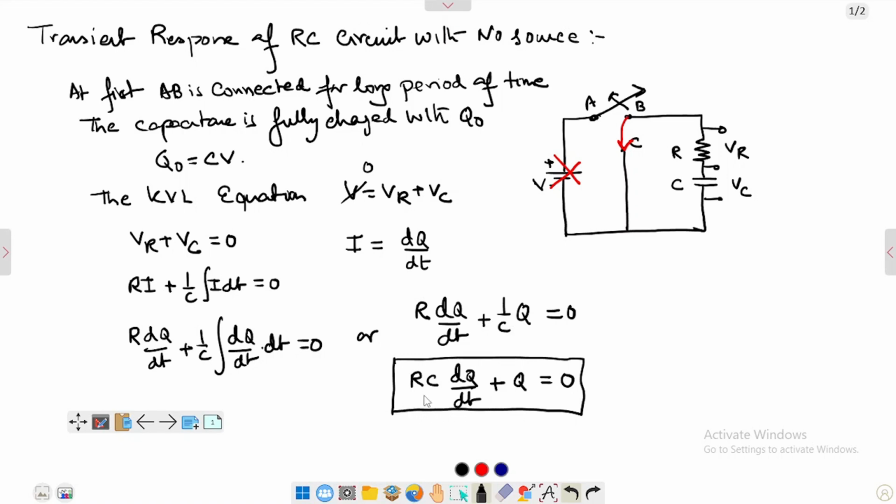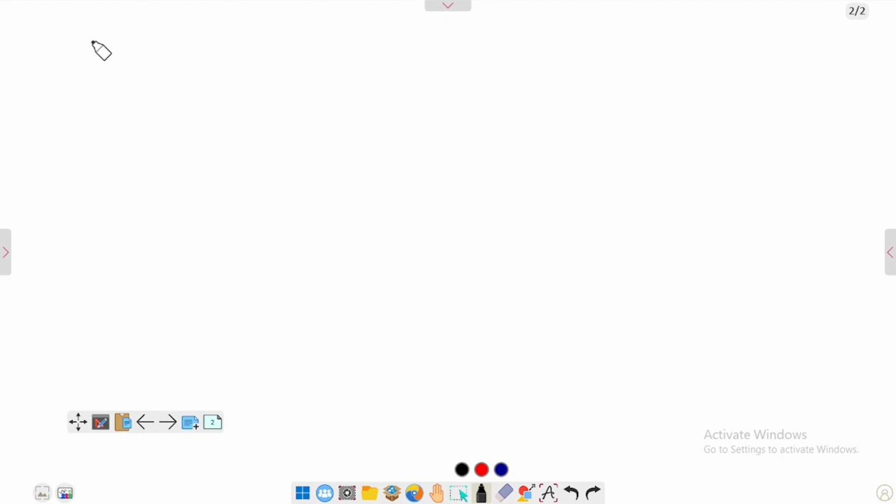So I have to solve this differential equation to get the discharging equation of a capacitor. I will take the equation RC dq/dt plus q equal to 0, or we can say dq by q equals minus 1 by RC integral dt.